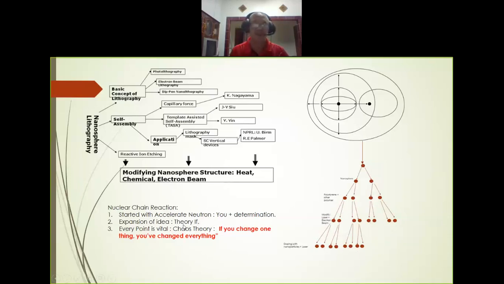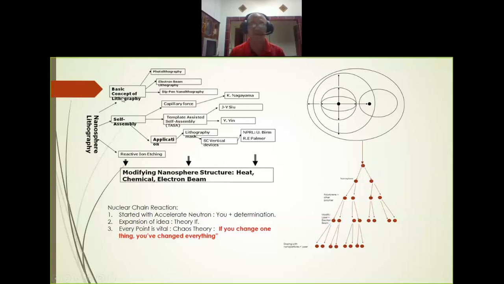So now you look at the words here: expansion of your idea, and I put the theory of "if". Meaning we should be using the word "if" for whatever we are looking at. Let's say nanosphere lithography.